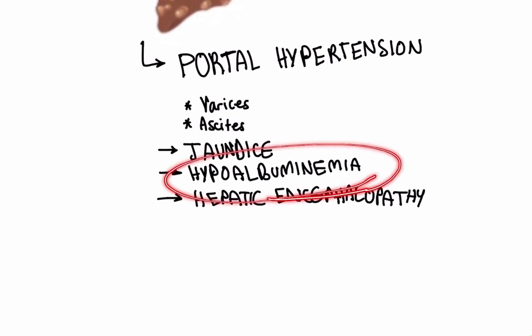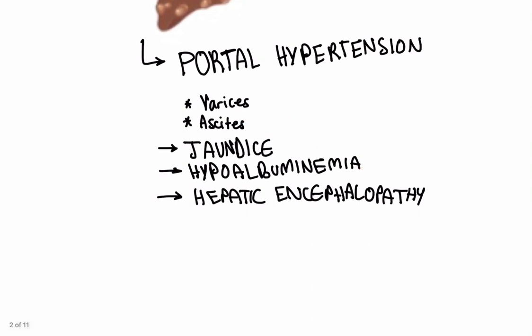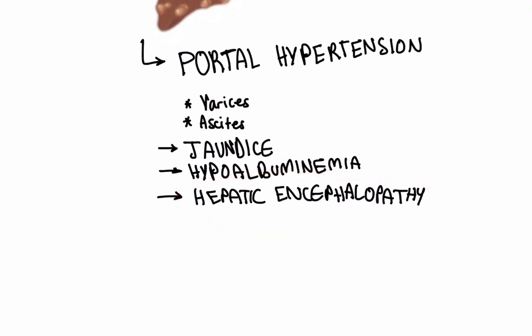Hypoalbuminemia as a result of not being able to produce sufficient albumin in hepatocytes, which, like I said, could further drive ascites, as well as hepatic encephalopathy. Now, ammonia is converted to urea mainly in the liver, so liver failure can lead to excessive stores of ammonia, which is very toxic to astrocytes, especially in the cerebrum.